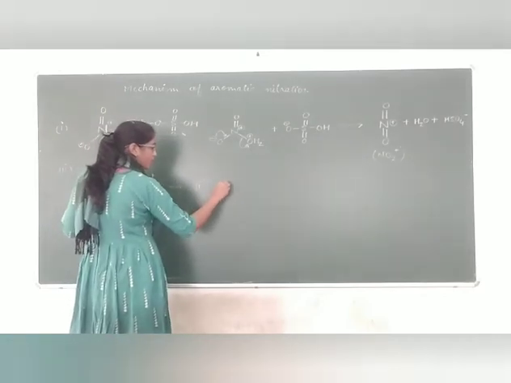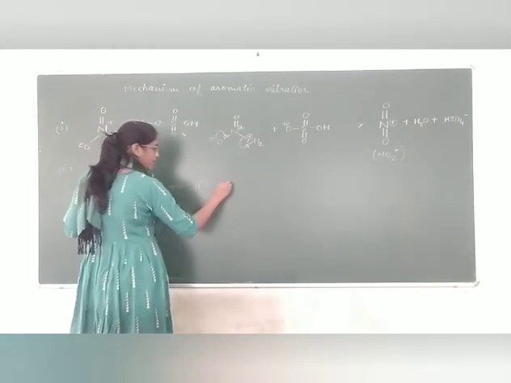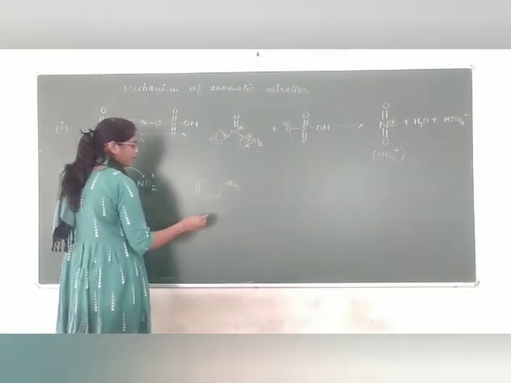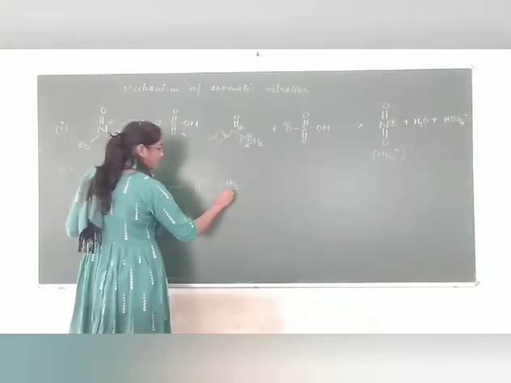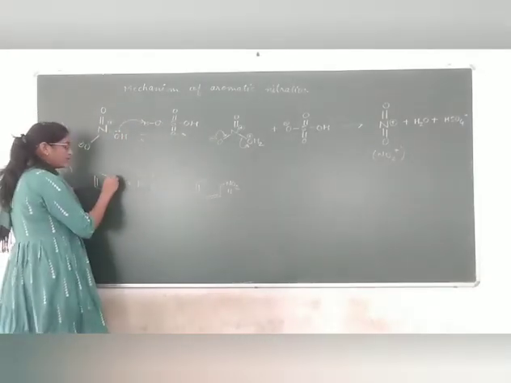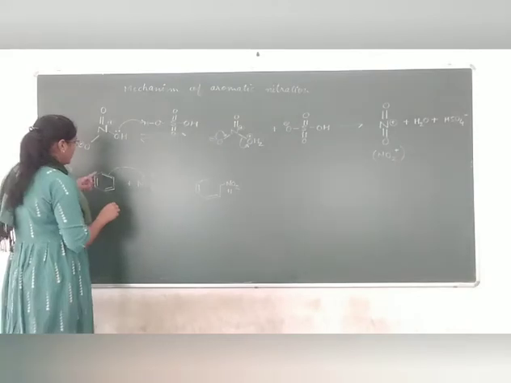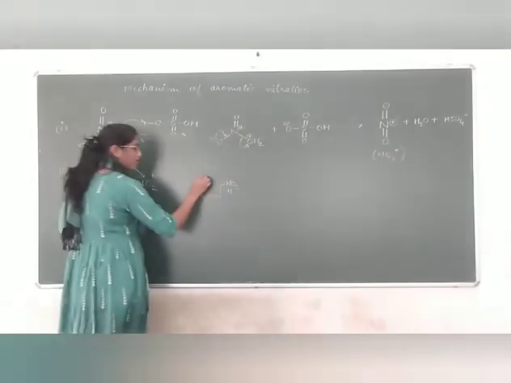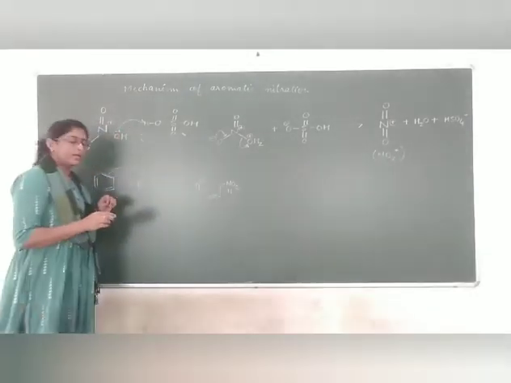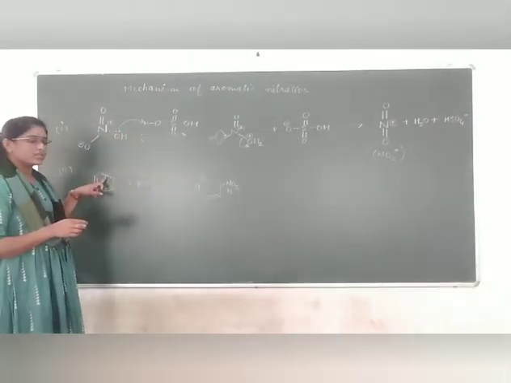So on this carbon, the NO2 group comes over here, and here the hydrogen is already present, one hydrogen is present over here, and on this carbon a plus charge will be created because of the breaking of this bond.